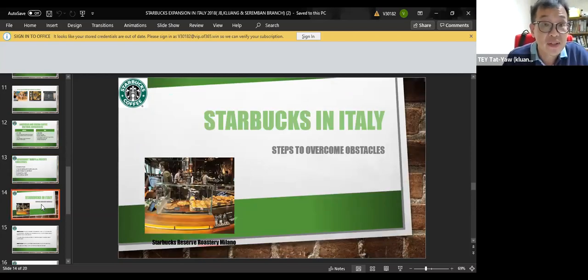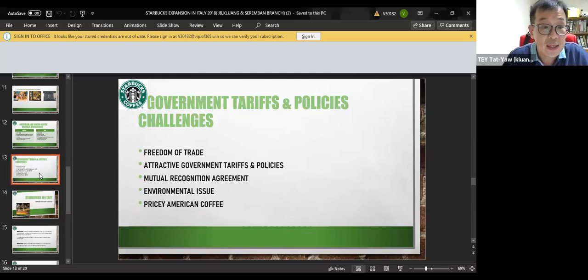All foreign investors in Italy are allowed to legitimately own 100% of the equity of the company. This is very suitable for Starbucks because their main principle is to have strong control over their overseas business.